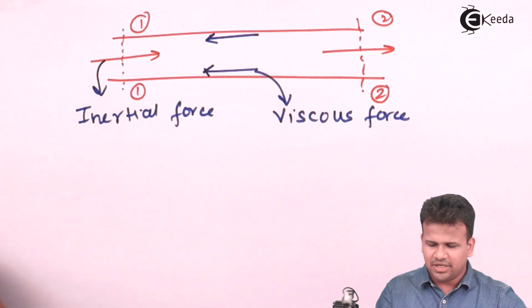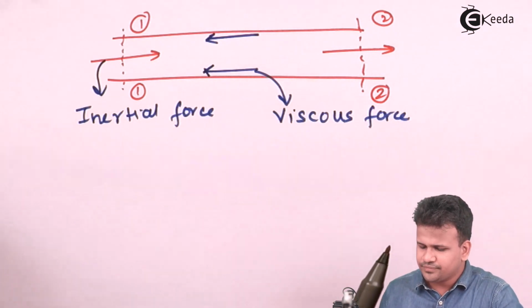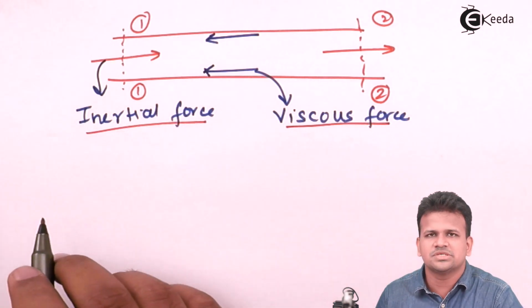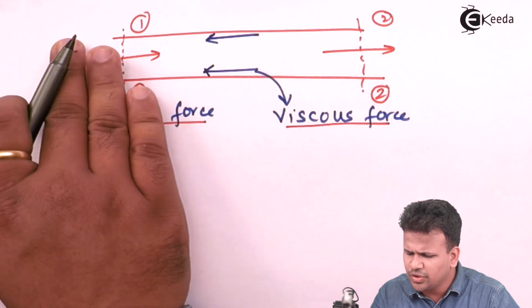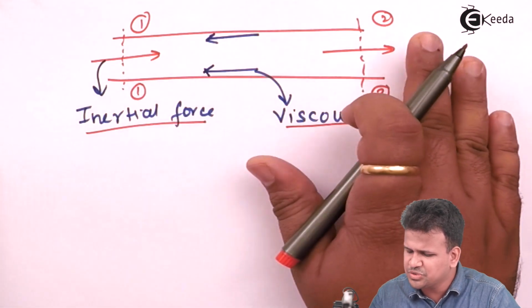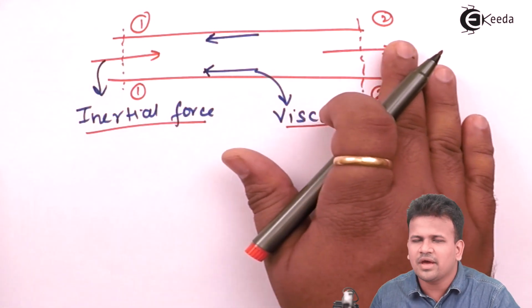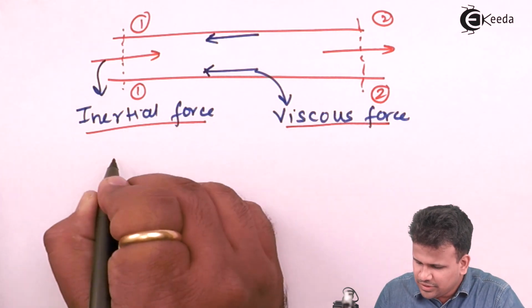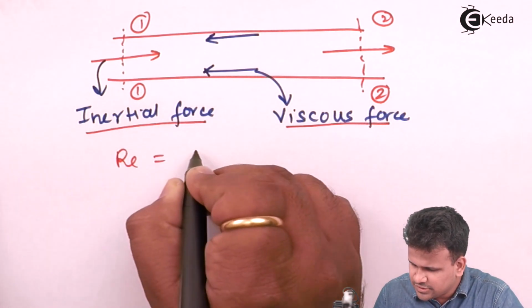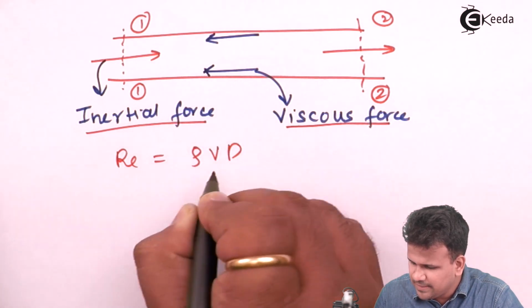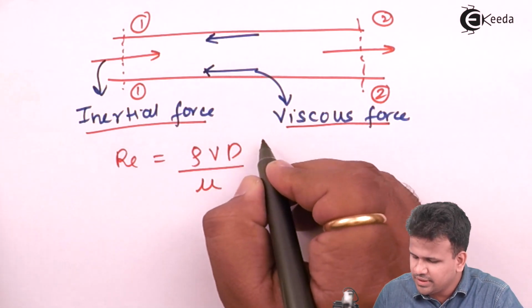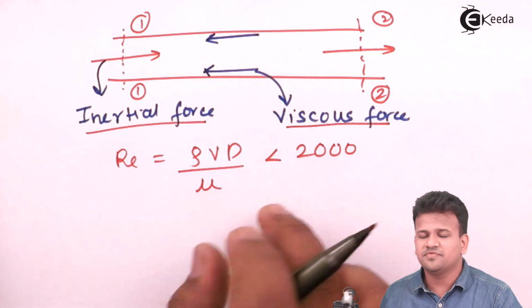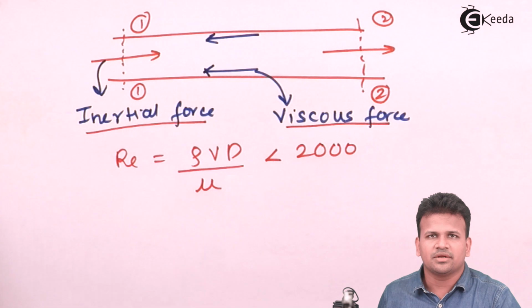Now, in laminar flow, we also know that viscous force dominates inertial force. That means the fluid is going to go from section 1 to section 2 at a very slow velocity. Over here we know that Reynolds number is equal to rho Vd by mu, and the Reynolds number should be less than 2000, then the flow will be called laminar flow.